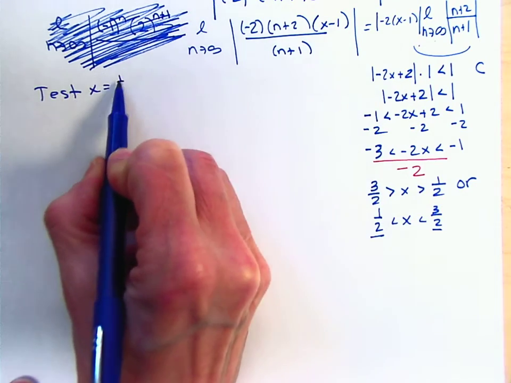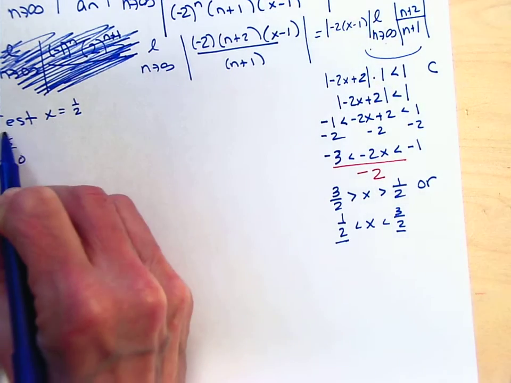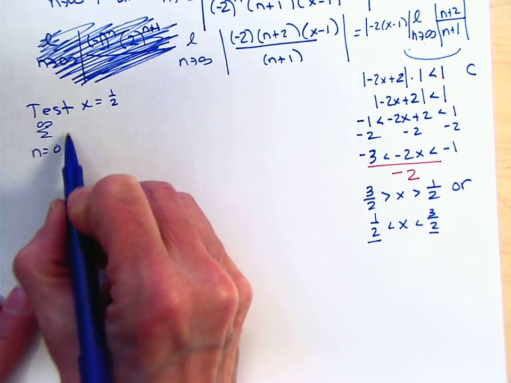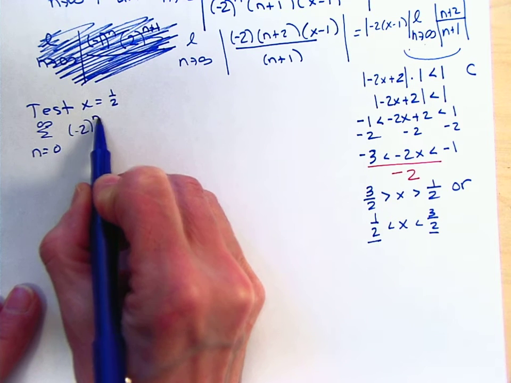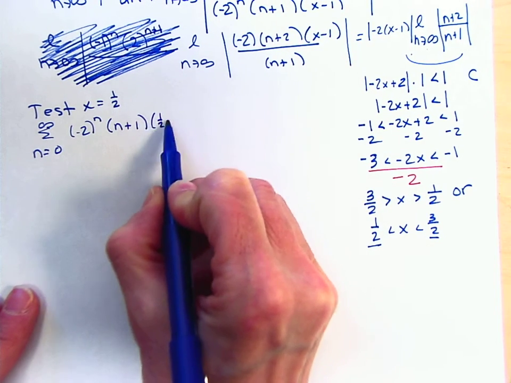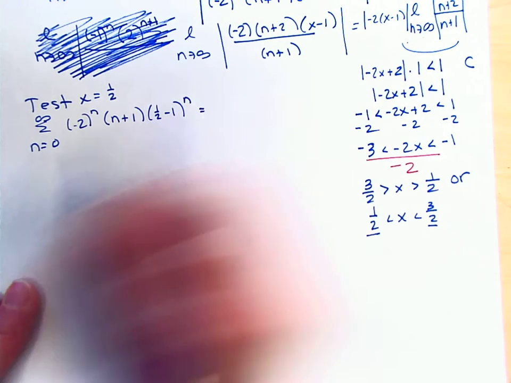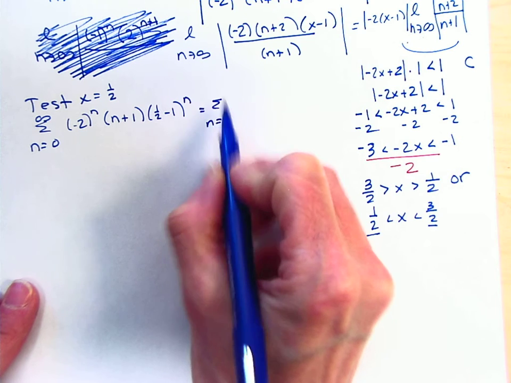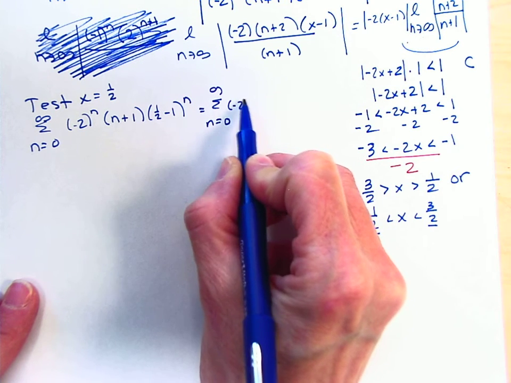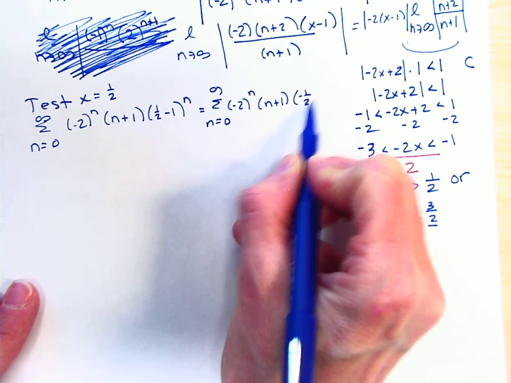x equals 1/2. So we take 1/2, we put it into our original series, excuse me. So this becomes minus 2 to the n plus 1, and 1/2 minus 1 to the n power. So this is equal to the series minus 2 to the n plus 1 minus 1/2 to the n.